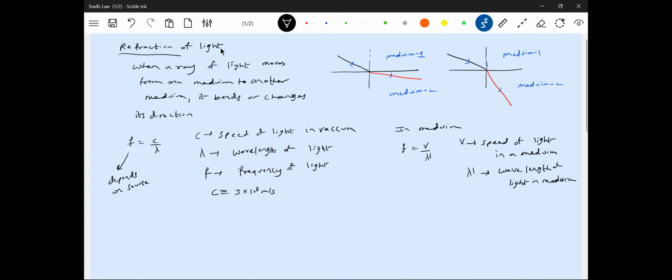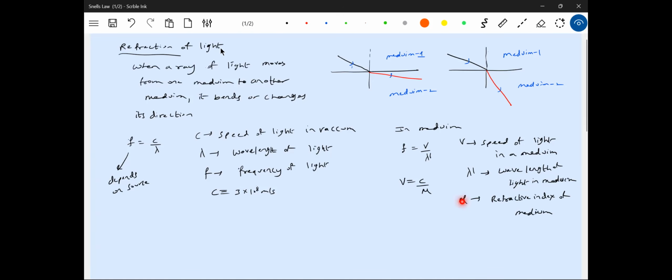This speed is given by this expression, where mu is called the refractive index of the medium. For different mediums, the value of mu will be different.